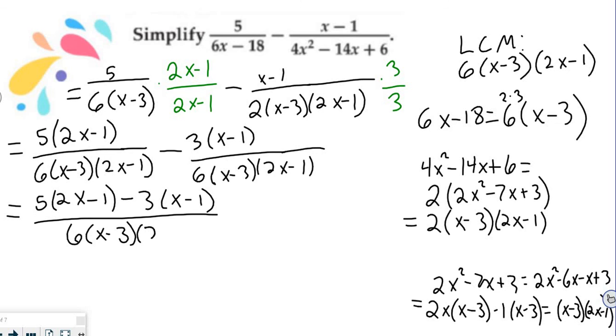So the denominator just stays the same. Okay. So now, what do we need to do with the top? We need to simplify it because we are going to have common terms this time that we need to simplify. But what do we need to do first before we can combine our common terms? Distribute. So we get 10x minus 5. And then what do we get?